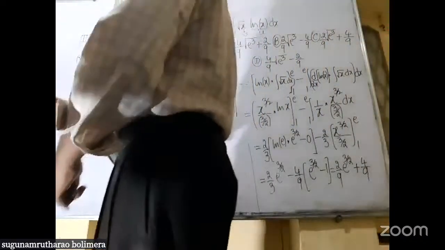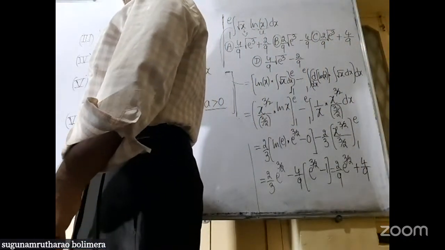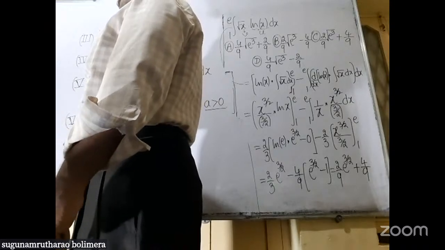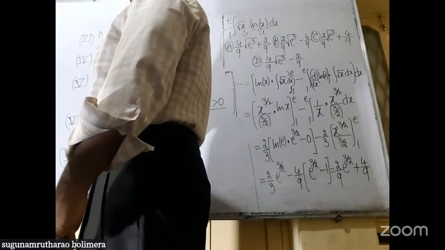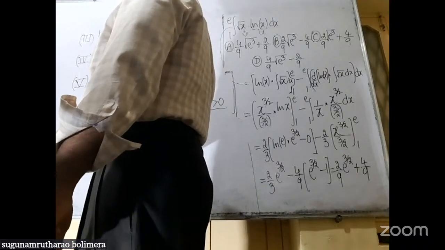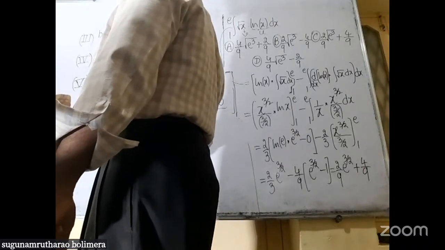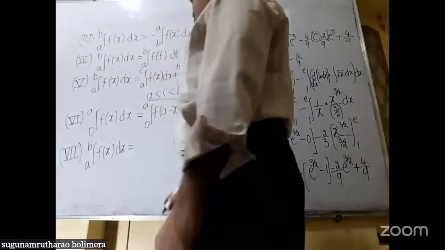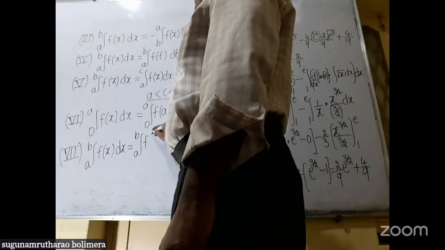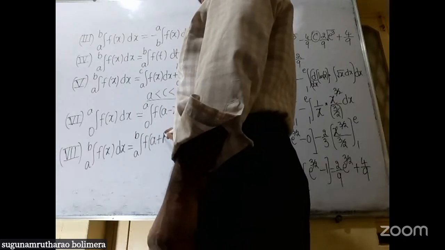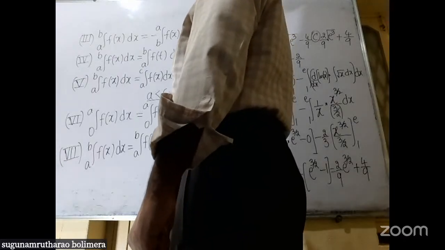And this you will write as, integral a to b f of x dx equals integral a to b f of a plus b minus x dx.